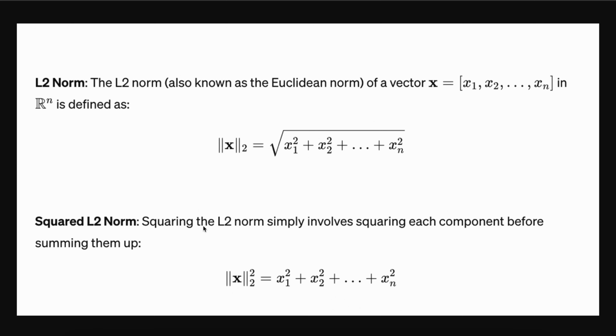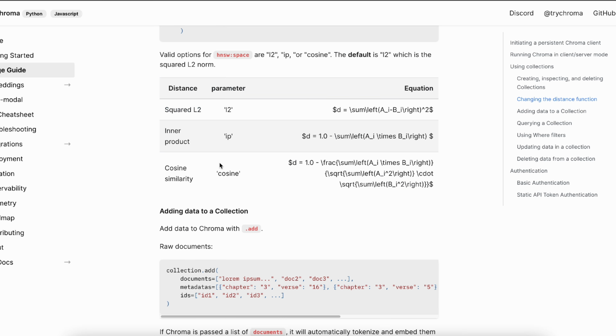Squaring the L2 norm simply involves squaring each component before summing them up. So this is just a bit more information on what the L2 norm basically is. As you can see, it's a way of finding out the magnitude of a particular vector. So yep, I hope it's pretty much clear now.